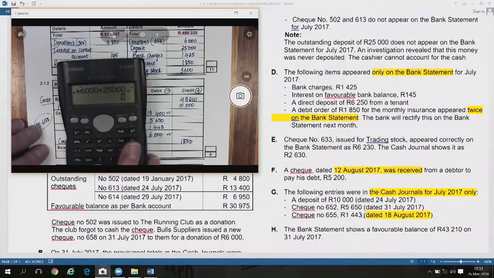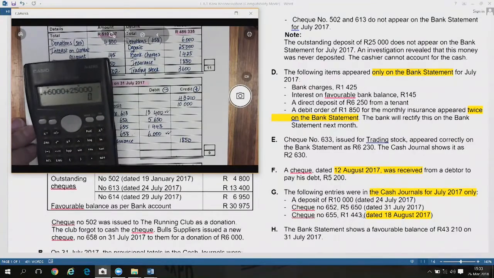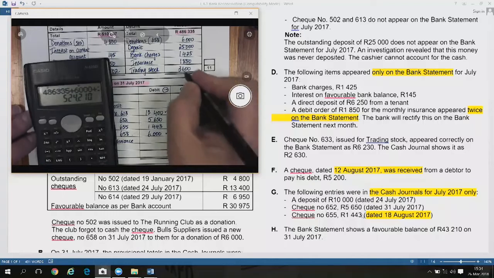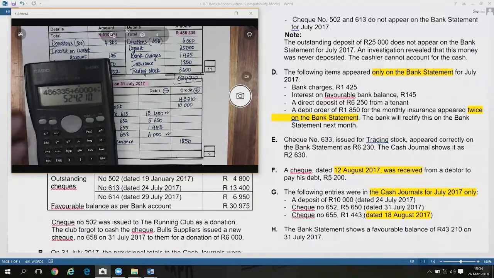Remember, not a good thing, but we cannot do anything else. 1425, bank charges, insurance, only one insurance, 1850, and the mistake that was made, and that gives us 524210. 524210 is the total there.